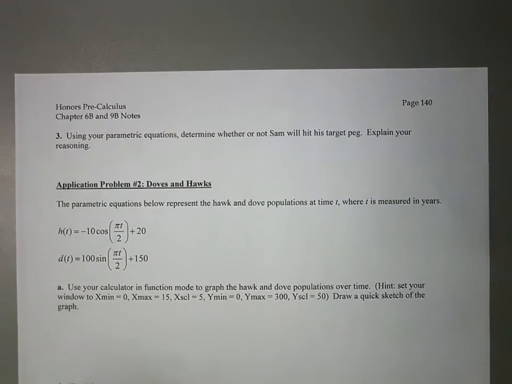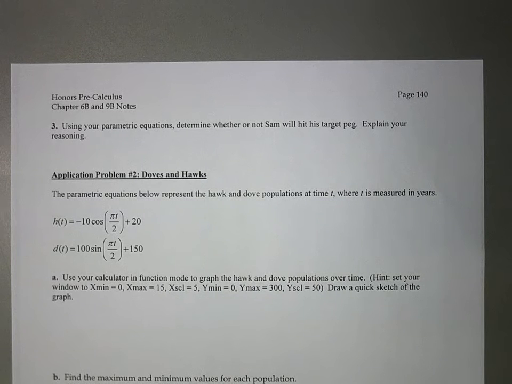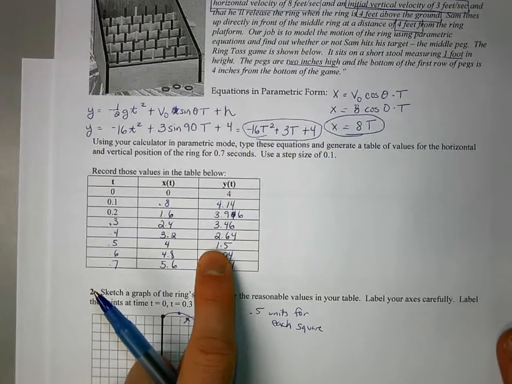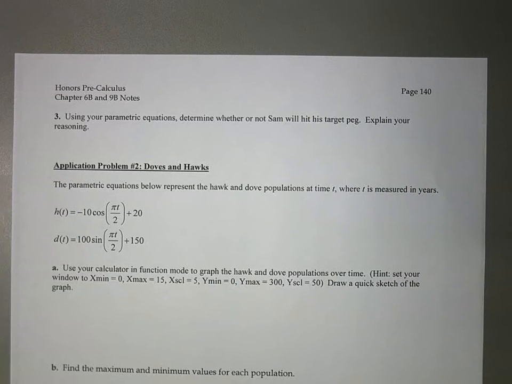The last piece is we want to determine whether or not Sam will hit his target peg, and explain your reasoning. And for this one, let's look at the different points. We know that for one of our points we've got the point 4 and 1.5. Right here. 4 and 1.5. And so that's telling me my position in space.